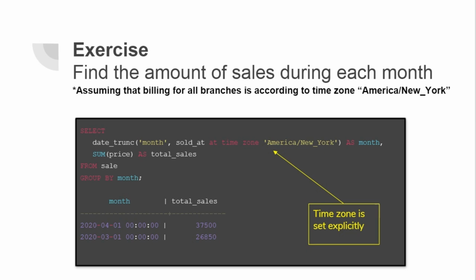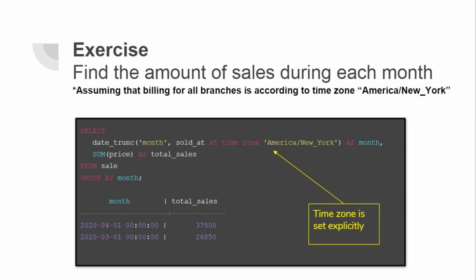So this time, as you can see, we truncate the sold at, but before we do that, we explicitly set the sold at date to America, New York. So it doesn't matter on what type of client I'm running this query, I will always get the same results in New York time. Okay, so this is very important.